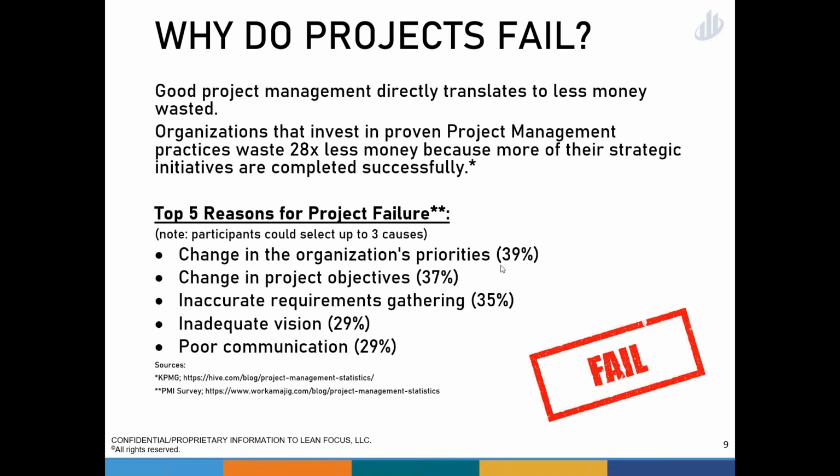So a change in the organization's priorities, right? So coming all the way back to our strategic plan, right? Does our strategic plan transcend individuals in the organization setting priorities? Of course, your strategic plan can shift focus both opportunistically or in times of crisis. We can all relate to that over the last couple of years.